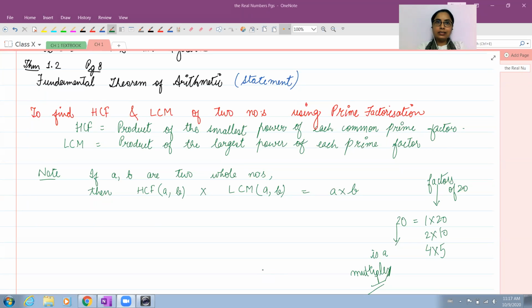That would mean the largest number by which each of the numbers is divisible. So if you want to find out the HCF of 4 and 20, you want to find the largest number by which each of these will be divisible. Both are divisible by 1, by 2, and by 4. But which is the largest? 4. So 4 is the HCF.